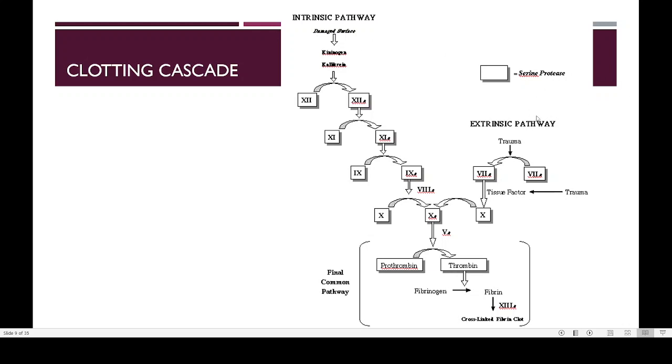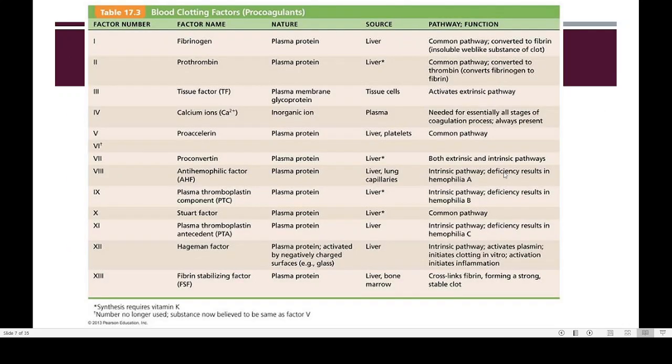Now you look at this pathway, which is the extrinsic pathway, normally caused by external injury. What happens is that here the clotting factor 7. What is clotting factor 7? Pro-convertin.